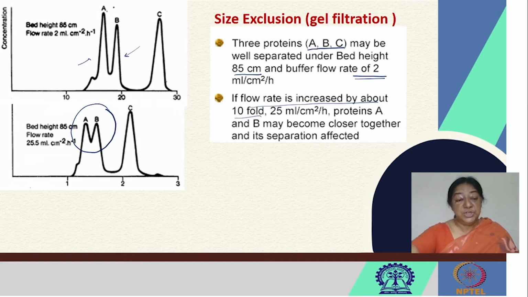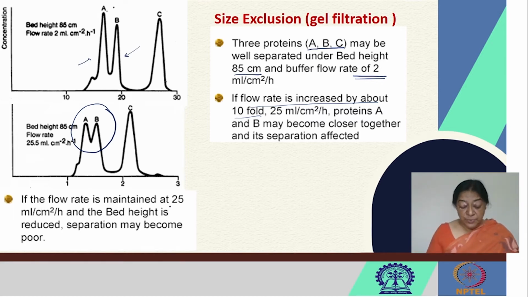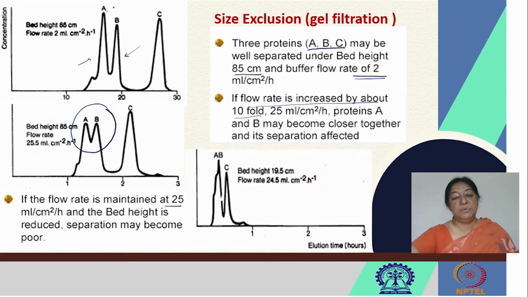Another condition that we might change is if we maintain the flow rate at this large value, but we reduce the bed height. If we reduce the bed height, we also reduce the resolution of separation.